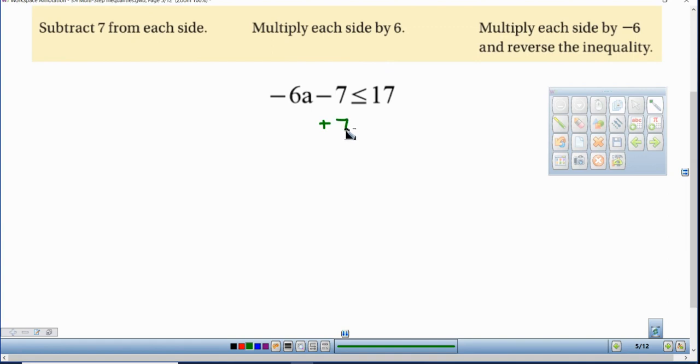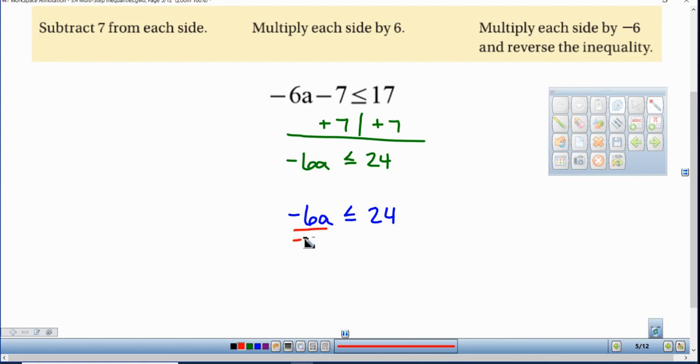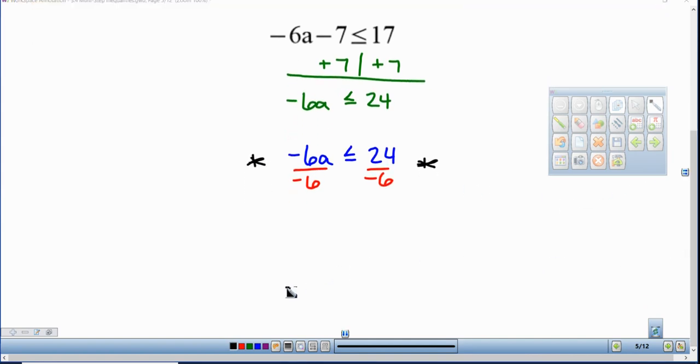We're going to add 7 like we suggested to do first. We get negative 6a is less than or equal to 24. And then I'm going to take that inequality and get a by itself by dividing by a negative 6. And because I'm dividing by a negative, I put these little stars here to indicate that something special is going to happen.